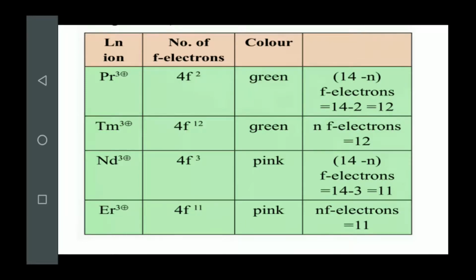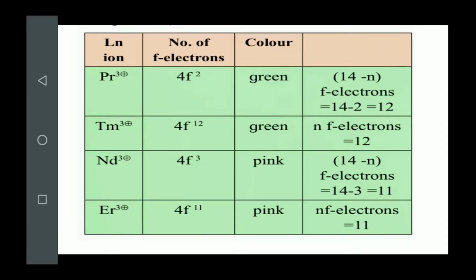In the same way, if you had 12 electrons, then also you will have green color. For example, in thulium plus 3 ion, Tm3+, we have 4f12 electrons. The color of the ion is green. Now here n is 12.